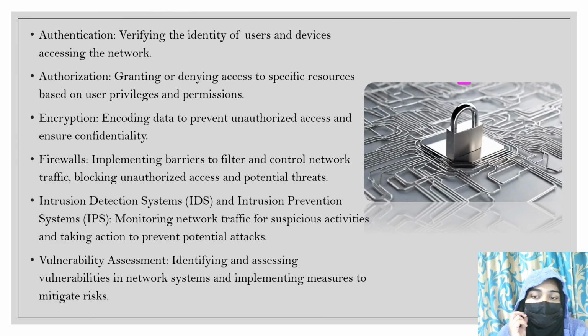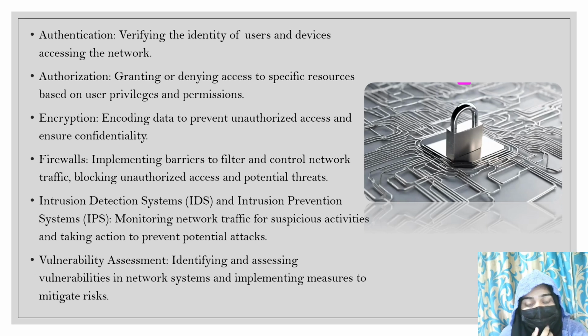Authentication: verifying the identity of users and devices accessing the network. Authorization: granting or denying access to specific resources based on user privileges and permissions. Encryption: encoding data to prevent unauthorized access and ensure confidentiality. Firewalls: implementing barriers to filter and control network traffic, blocking unauthorized access and potential threats.